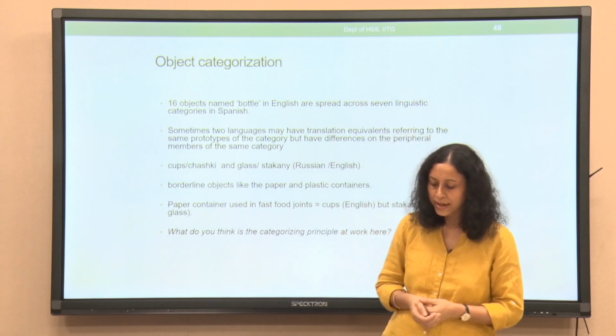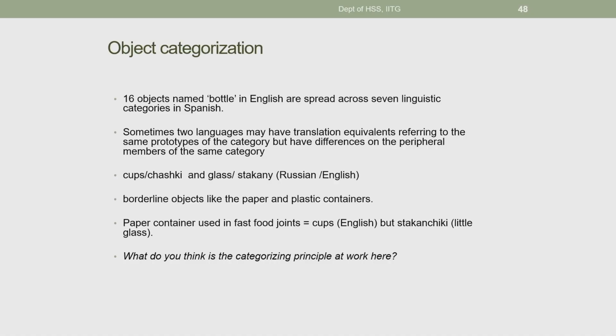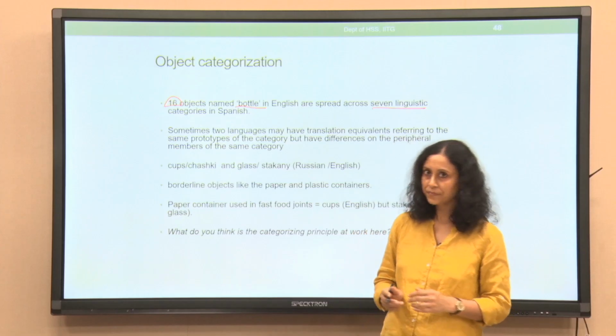For example, there are 16 objects named bottle in English that are spread across 7 linguistic categories in Spanish. 16 objects that can be called simply bottle in English actually span across 7 linguistic categories in Spanish.